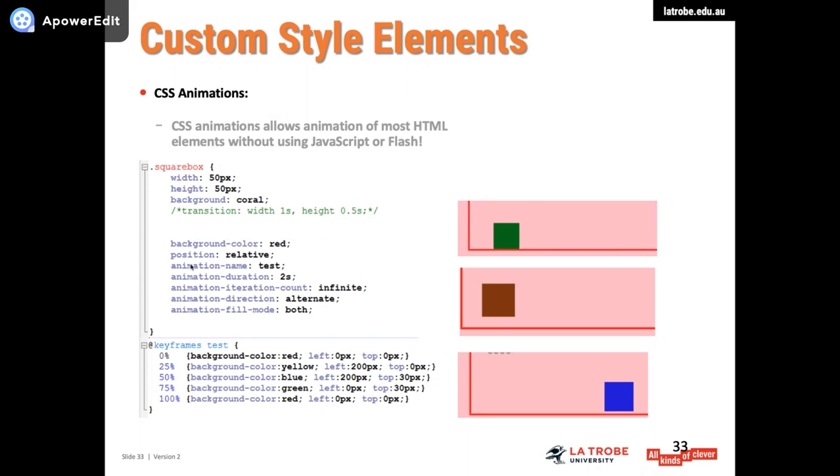We'll give it a name, and the animation duration is 2 seconds. That means one round of this animation. If you set the animation iteration count to infinite, it means the animation will keep on without stopping. And then there's the animation direction and the fill mode. So you can try these parameters by yourself.